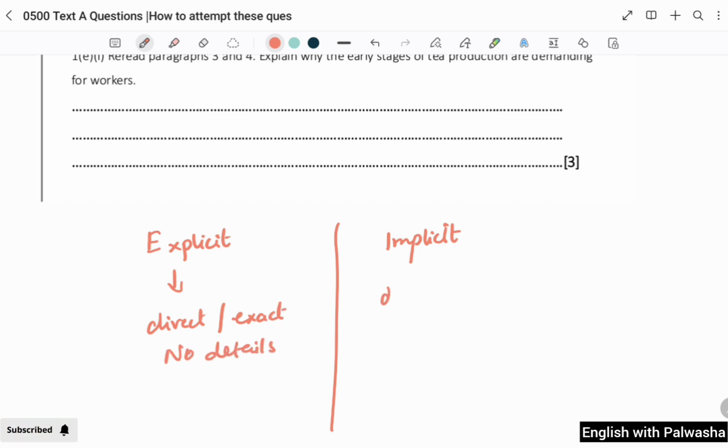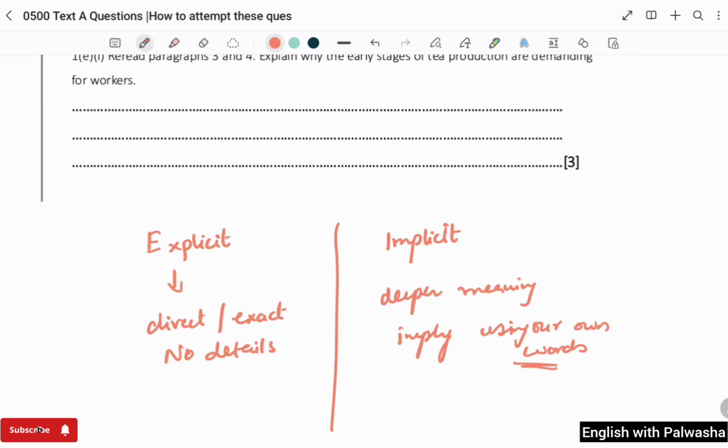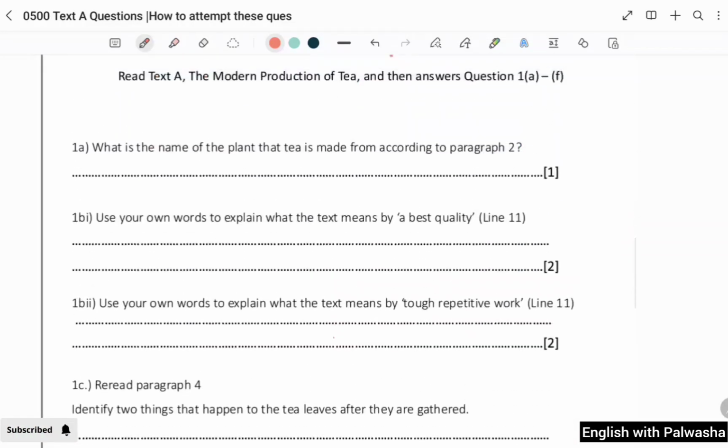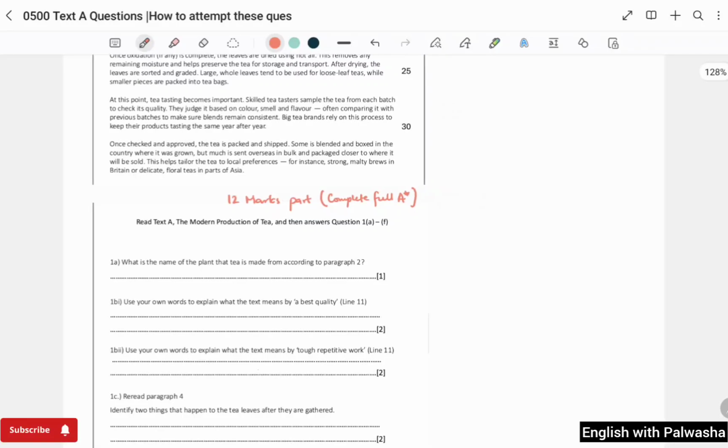And implicit, which has deeper meaning, and we have to imply the meaning by using our own words as must, right? Now you guys will be stuck. The teacher, we don't know how to identify whether these are implicit questions or explicit. Let me show you a brief document.